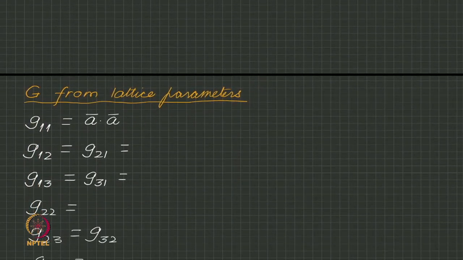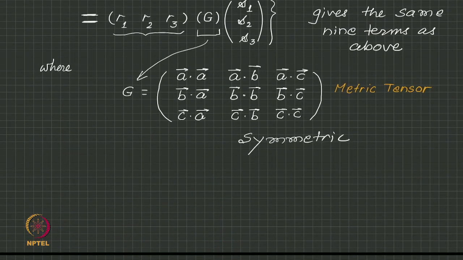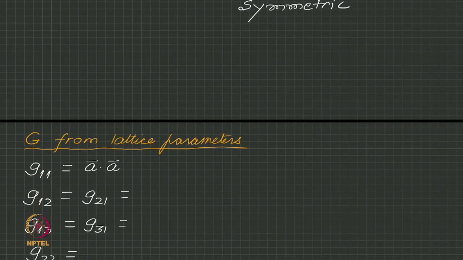How do we calculate this G from lattice parameters? It is very simple. Look at the definition. The terms of G are just A dot A, A dot B. The first term is A dot A. What is A dot A? A dot A is a squared, the square of the first lattice parameter. G12, which is same as G21, is A dot B. What will be A dot B? Length of A, length of B, cos of the angle between A and B, which we have called gamma.